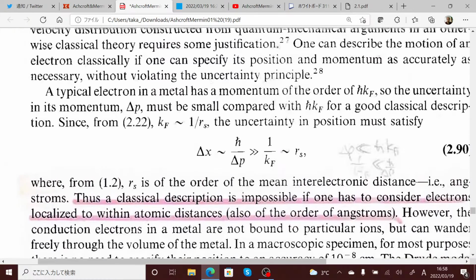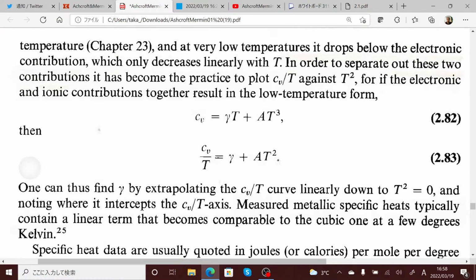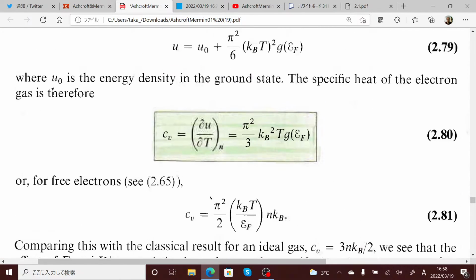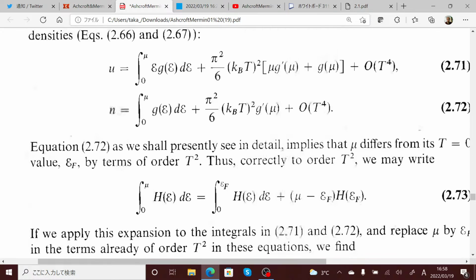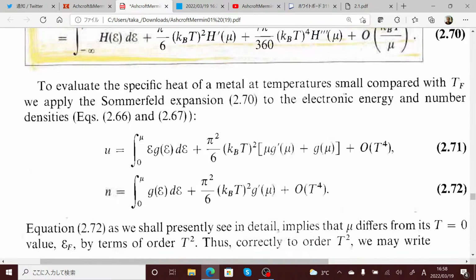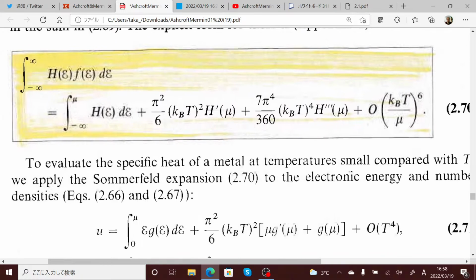What is a Sommerfeld expansion? This one, Sommerfeld expansion. Or this one.